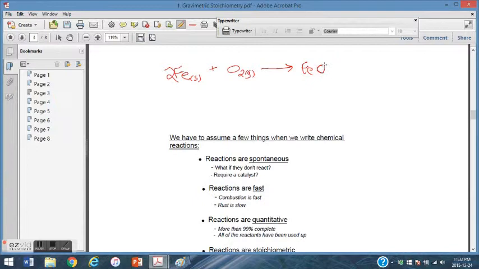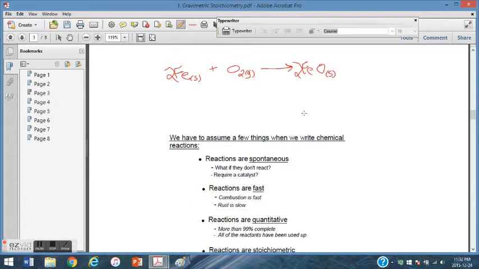It's going to make iron 2 oxide. And we need 2 in front of that. I saw this reaction over the holidays. My son had a birthday party. We put little sparklers on his cupcakes. Guess what? That reaction happened.